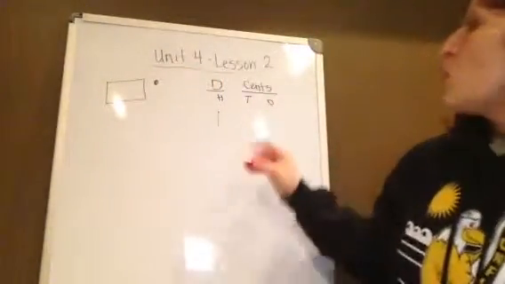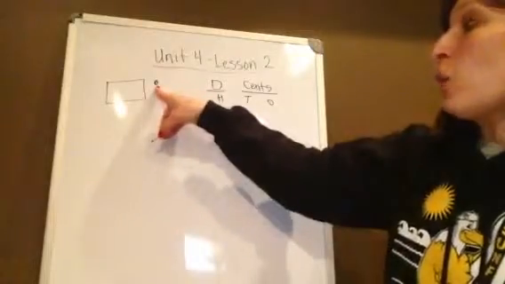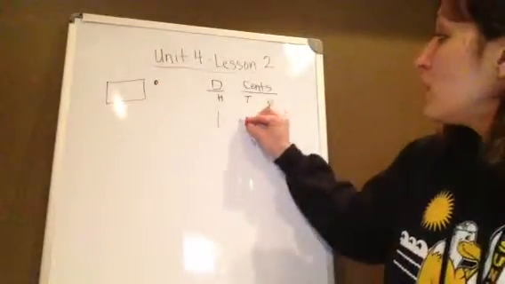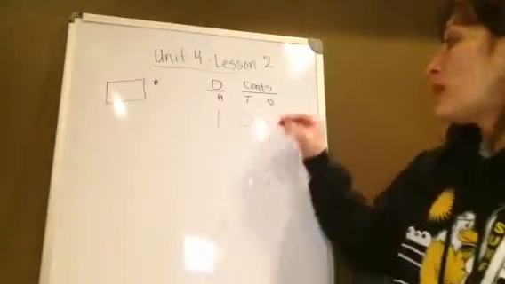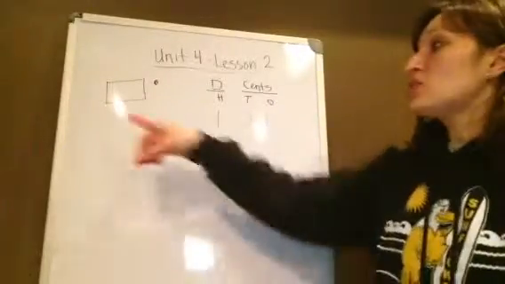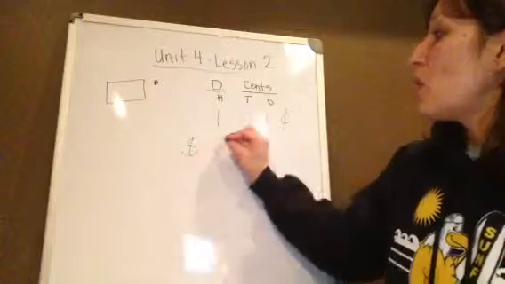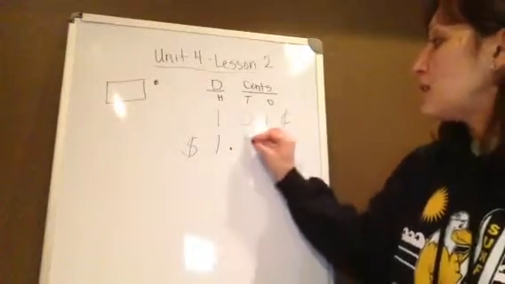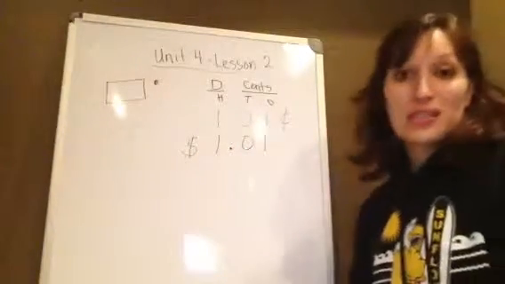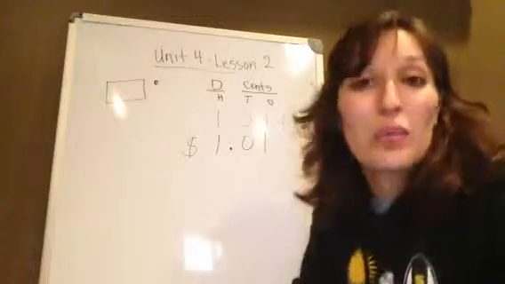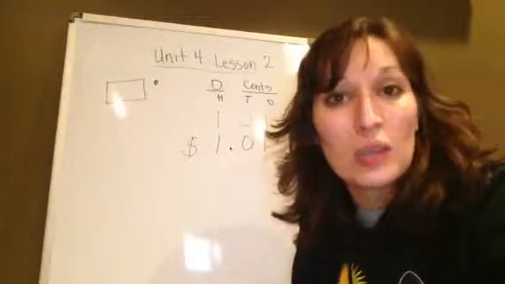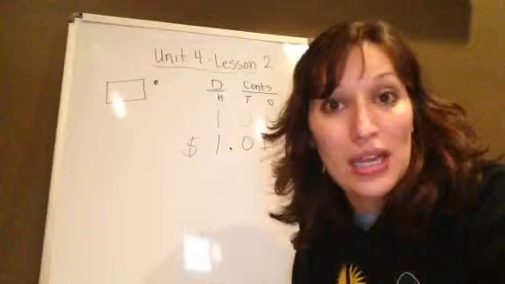Okay. Well, we don't have any tens because we only have 1 over here. So we have 0 tens and we have 1 penny. So this is actually 101 cents, which can also be written as $1 and 1 cent. Okay? A little bit tricky because you have to think a little bit differently about your money when you're writing it.